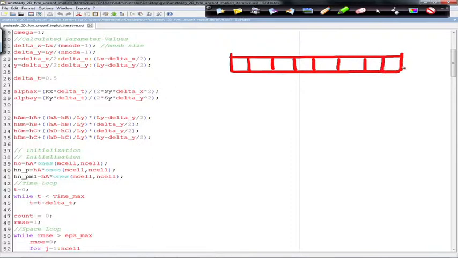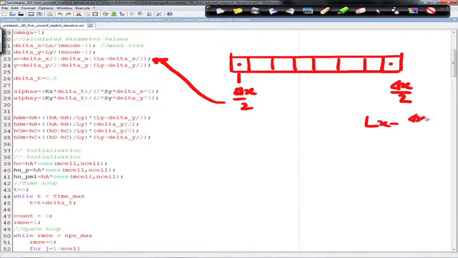This is equal, but we are starting from dx by 2 and ending dx by 2 before that. So, in this case for x we are starting from delta x by 2 and running up to Lx minus delta x by 2, and we are getting the cell centered values here.